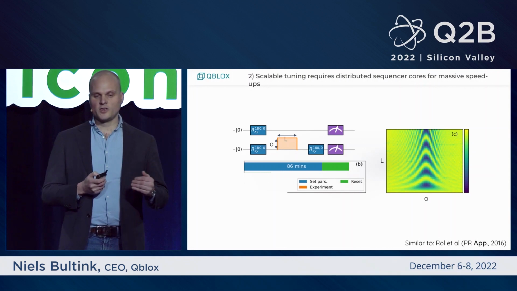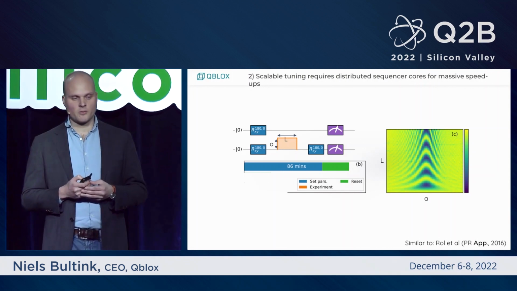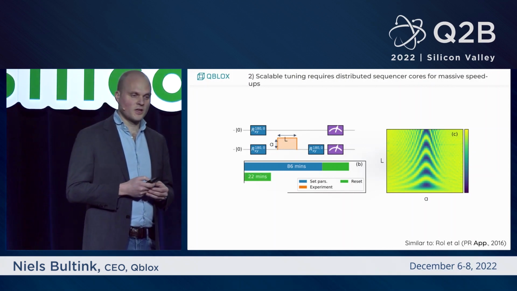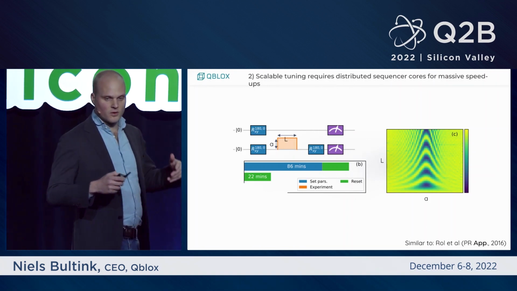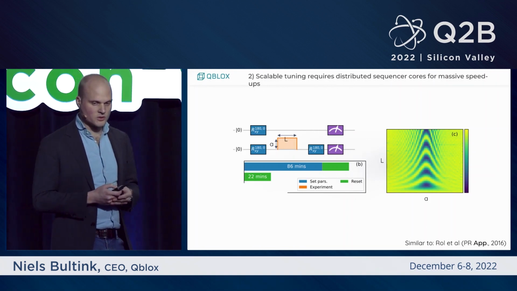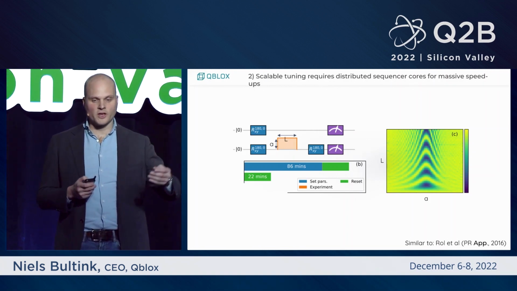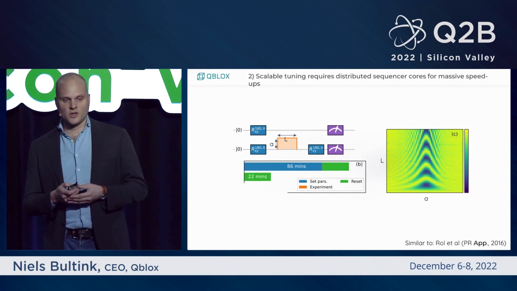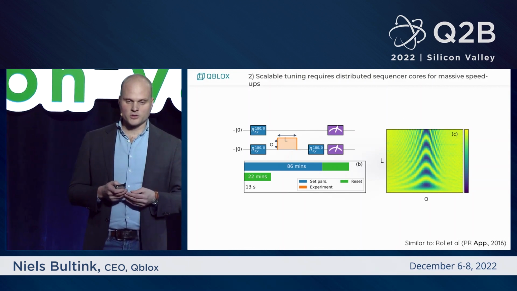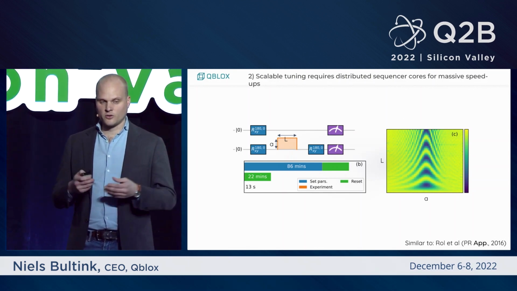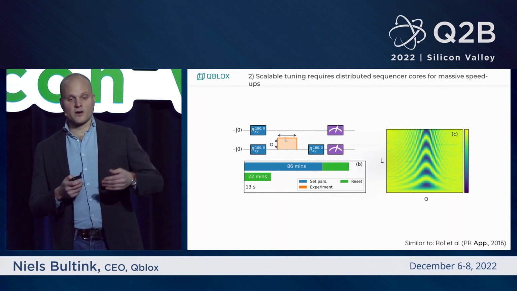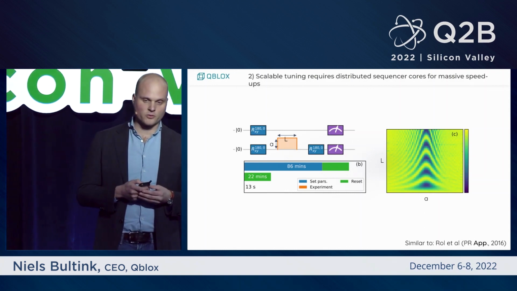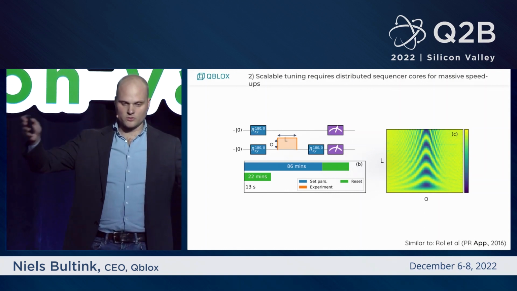And there are 2 ways we dramatically speed up these types of experiments. The first is making the control stack very autonomous. So the pulse variations, as well as all the data analysis and storage, is done completely autonomously, reducing the time to just 22 minutes. Then if we add the layer of fast qubit reset, this experiment even goes down to 13 seconds.